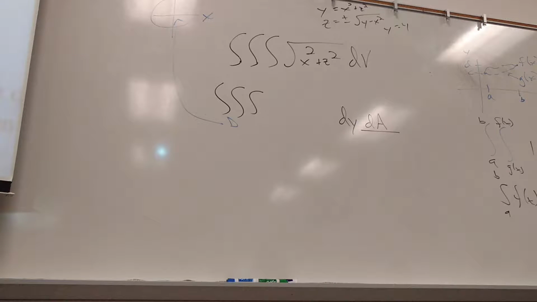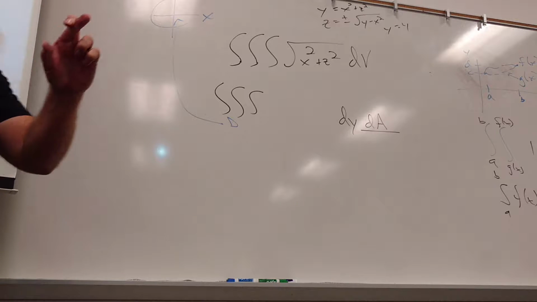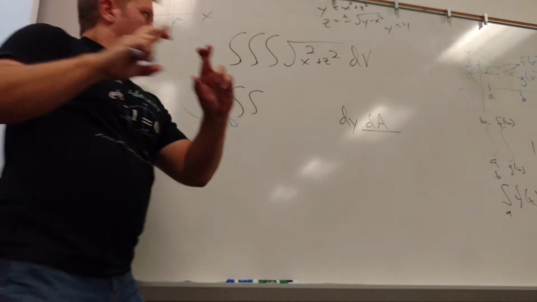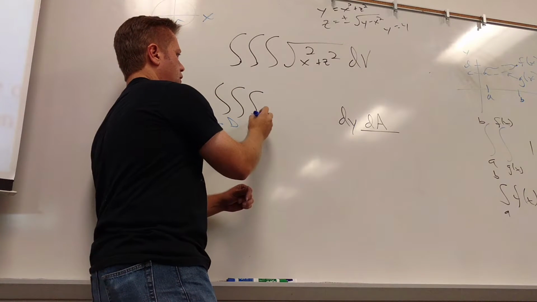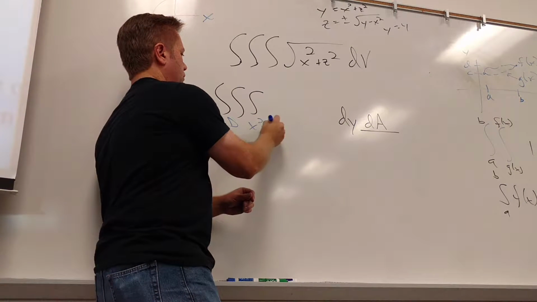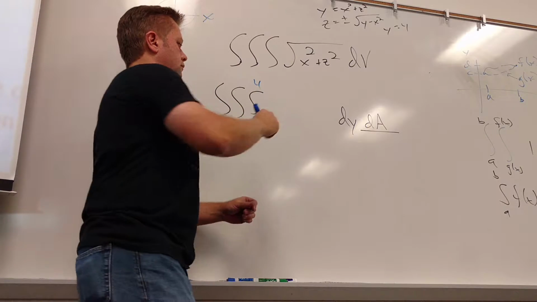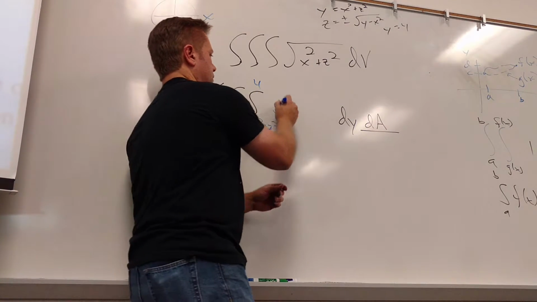I have to have for any arbitrary value of x and z, where does it start? It doesn't start at 0, it starts at the surface, and then goes to the lid. So it goes from x squared plus z squared to 4. And then inside is going to be this thing.